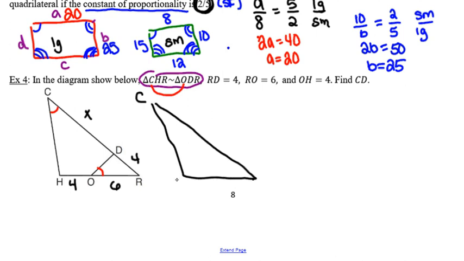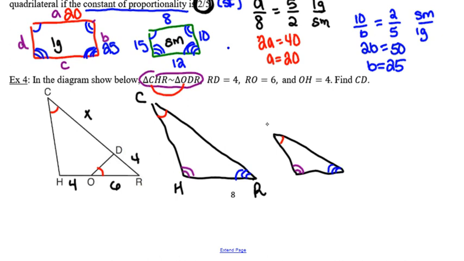So I'm going to keep the big triangle the same, CHR. I'm going to draw its little counterpart in such a way that the top angles match up, the left angles match up, and the angles on the right, you guessed it, they match up.